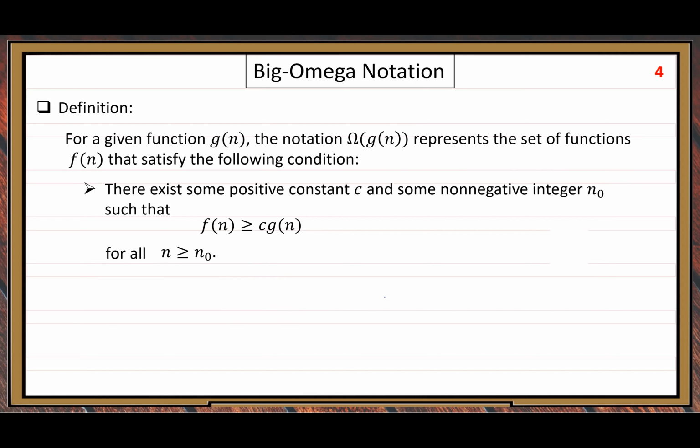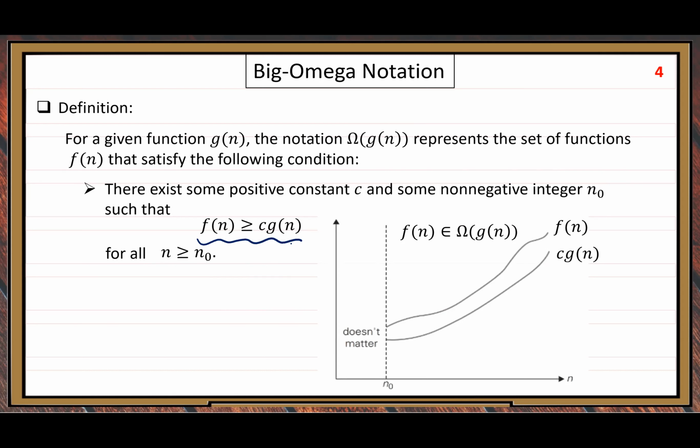Here you can see the wording is pretty much the same as the previous one. The only change is at the inequality side. If you look at the graph, you have the graph like this, but this time you do the lower bound estimate. You don't care about the upper bound estimate.